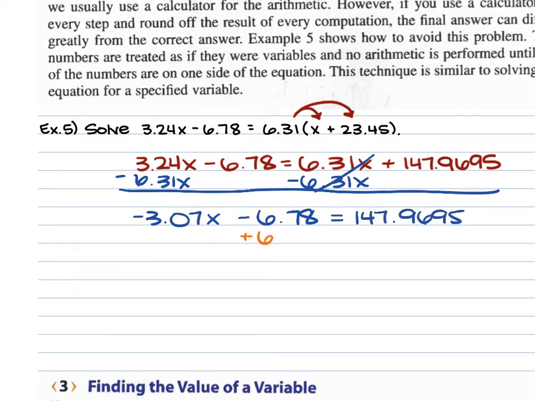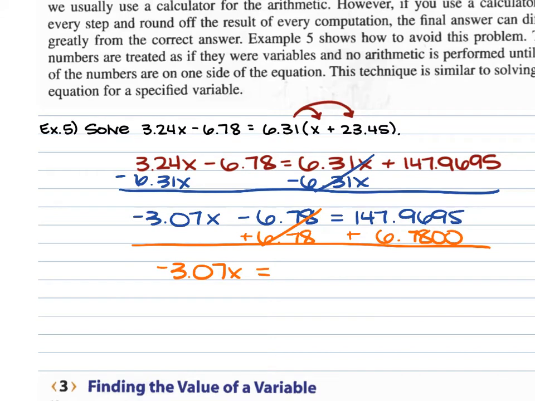I'm going to add that 6.78 to both sides. And this is going to leave me with negative 3.07x is equal to 147.9695 plus 6.78 gives us 154.7495.